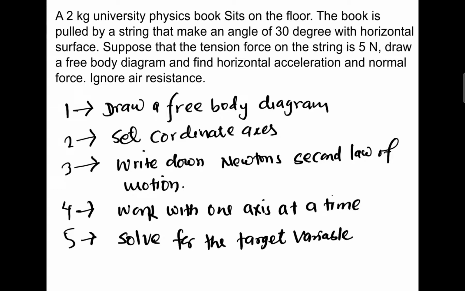For example, if you are dealing with the x-axis, don't mix with the y-axis or some other axis. And finally, once you have the equation for the particular axis, you can solve for the particular target variable that you are going to find, that is asked in the question, right?